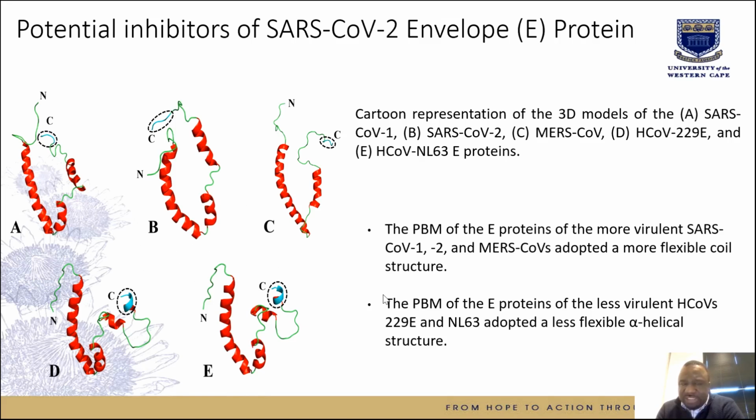We are trying to see how we can also explore DrugBank to find potential inhibitors to this particular protein, particularly preventing its function, especially the PBM section of the protein, and limiting its function in terms of interacting with proteins in humans.